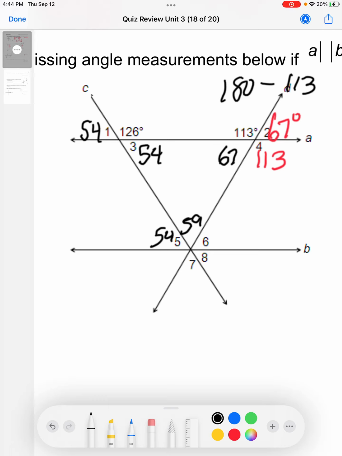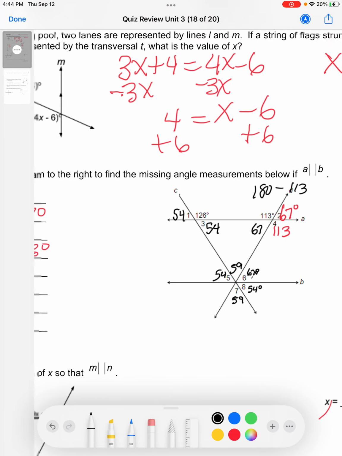Angle 6 is 67 degrees because, again, those are alternate interior angles. Let me make that a little bit neater. Angle 8 is 54 degrees because both of those 54s are vertical angles, and angle 7 is 59 degrees.